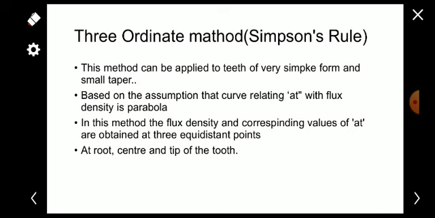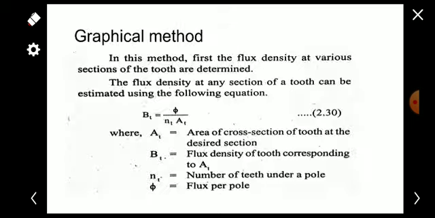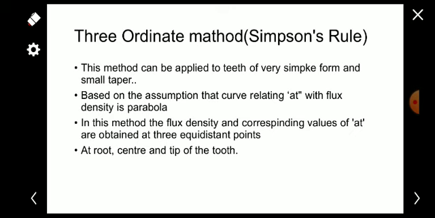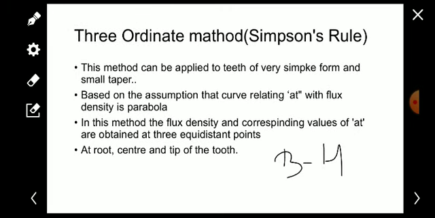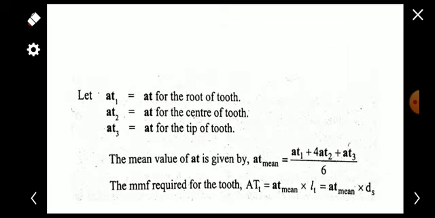The flux density at these three points is estimated using the same equation as in the graphical method, and the corresponding AT are determined from the BAT curve, that is the BH curve. So here also we are using the BH curve for finding the corresponding AT.